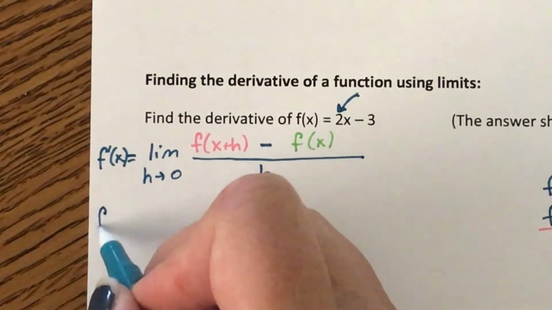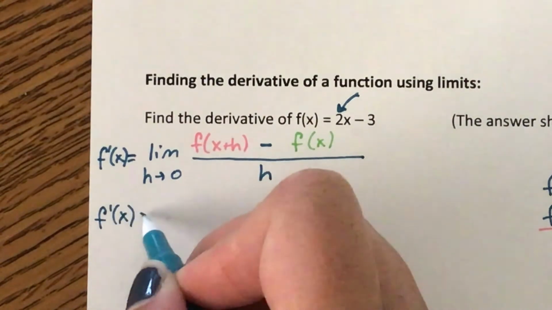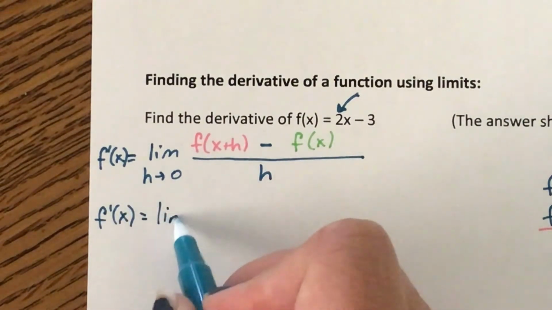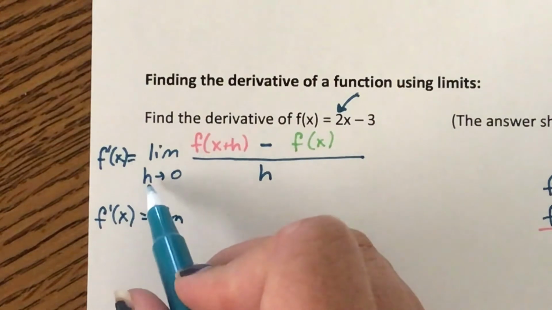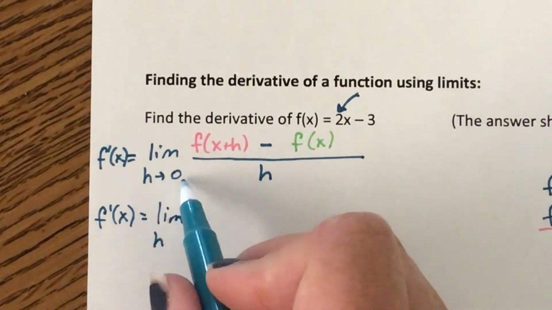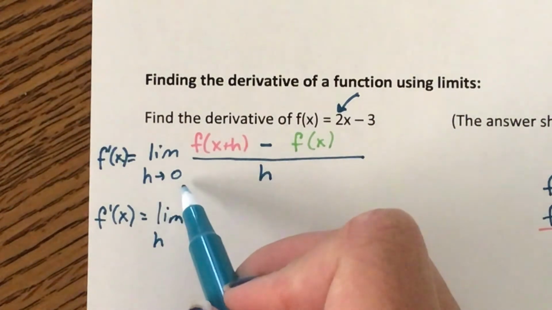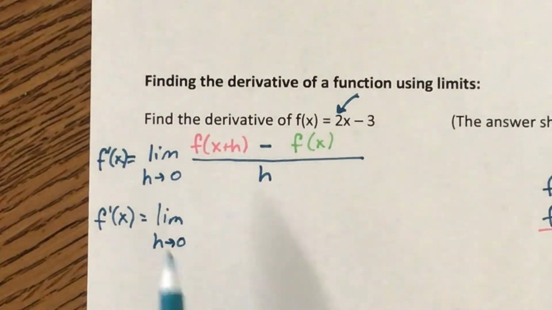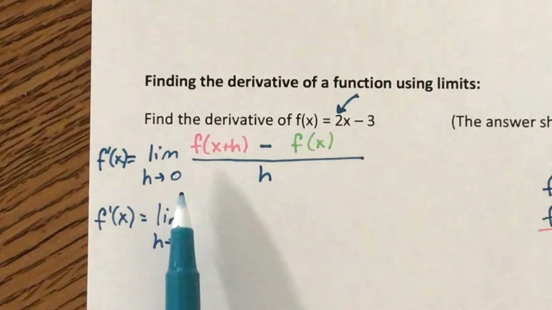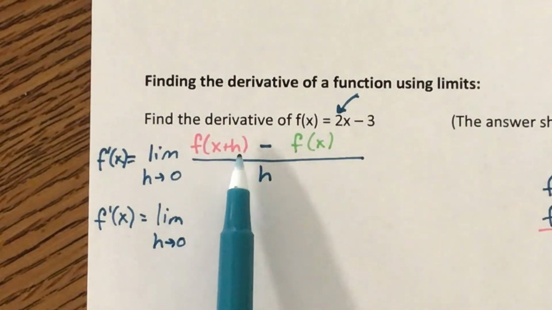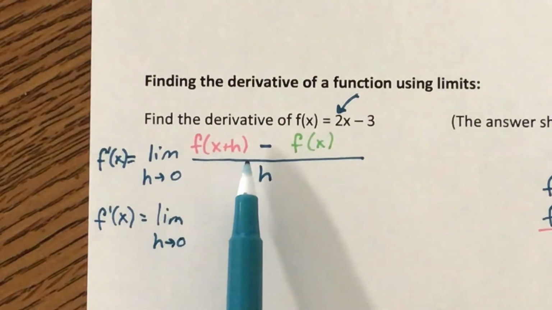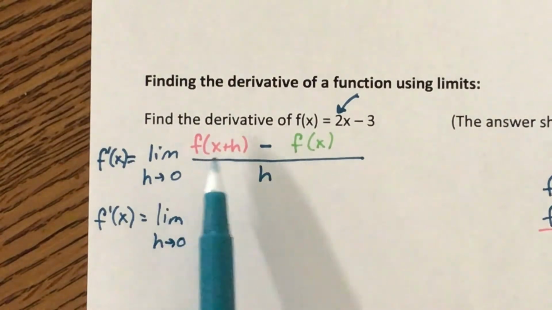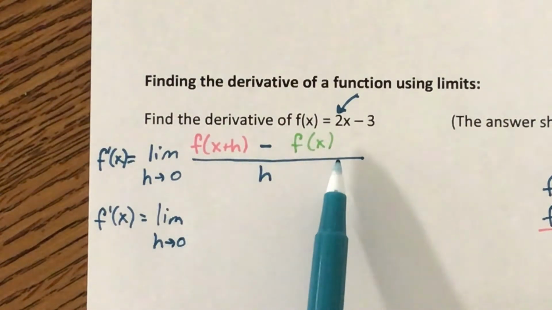All right, so let's just bring down that left side. f prime of x equals, we're going to have this limit for a while until all of the h's get plugged in as zeros. If you plugged in 0 right now, like we always try that first, right? If you plug in 0 here, this pink bit would just be f of x, and f of x minus f of x is 0.